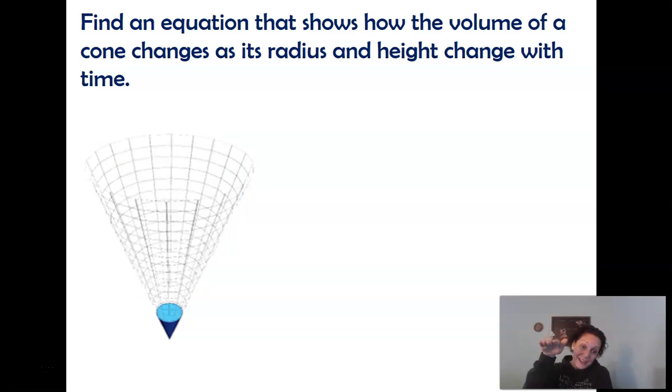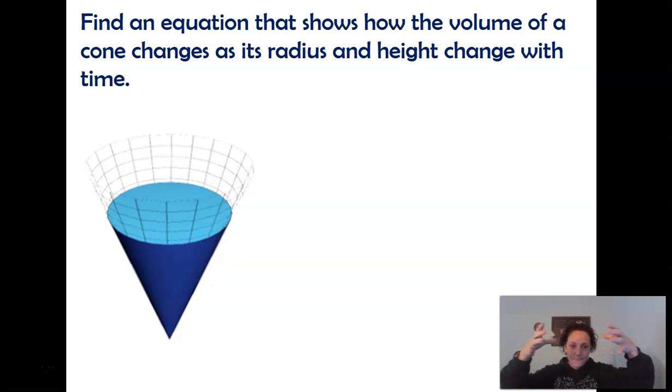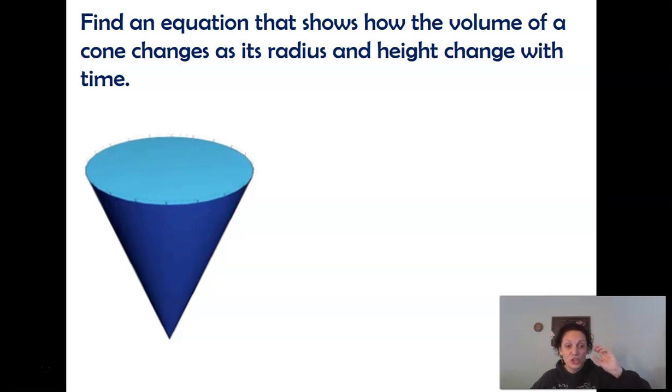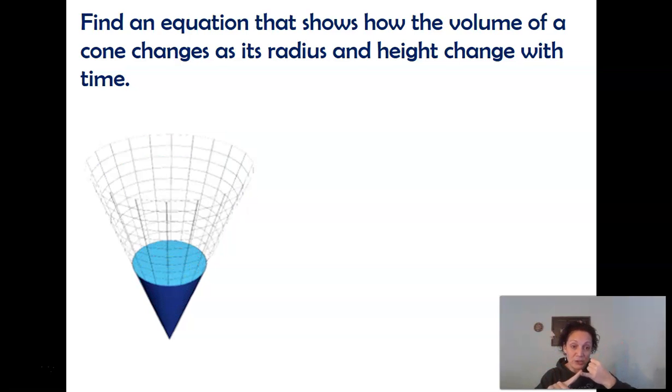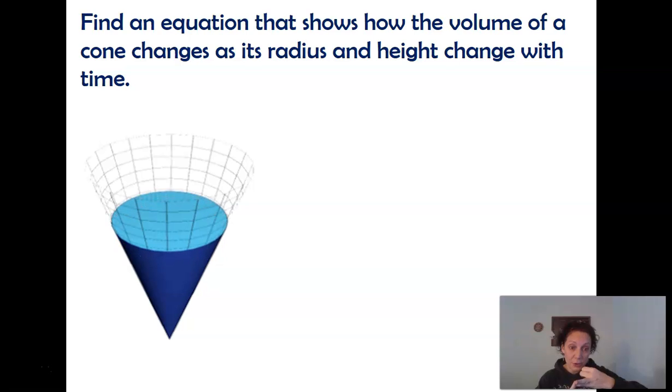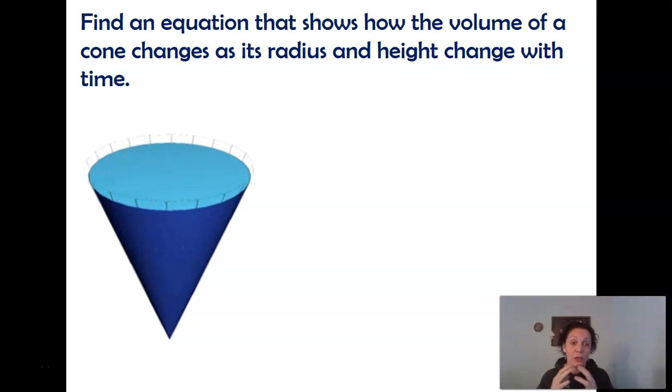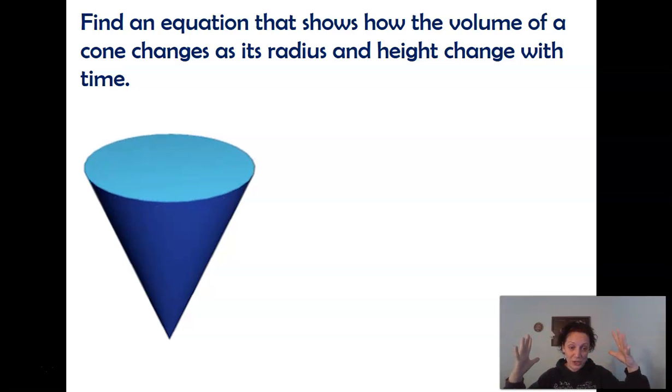But the other thing you've got to notice is as it gets taller, it also gets bigger around. So there are three things changing here. The height of the cone is changing. The radius of the cone is changing. And as a result of those two things changing, the volume of the cone is changing.